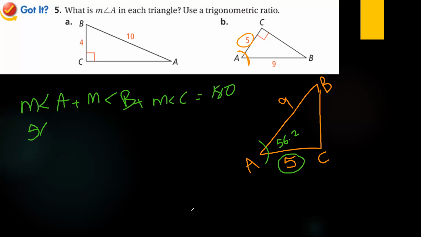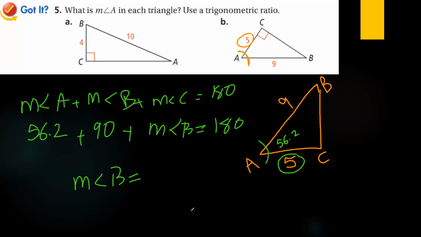So 56.2 plus 90 plus B will be 180. After you solve it, the measure of angle B will be 33.8 degrees. Is it clear? Yes.